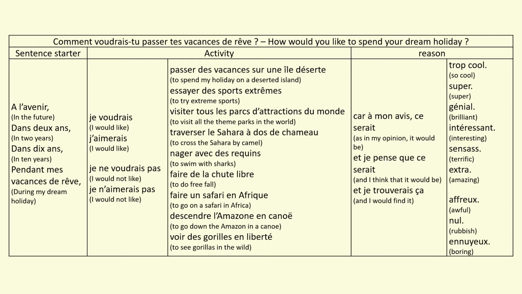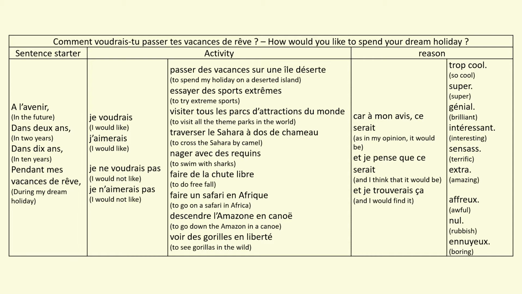So, à l'avenir, dans 2 ans, dans 10 ans. You also have a new phrase today, which is pendant mes vacances de rêve. And then the 2 columns in the middle are really the new vocabulary for today, so the things for you to really concentrate on.